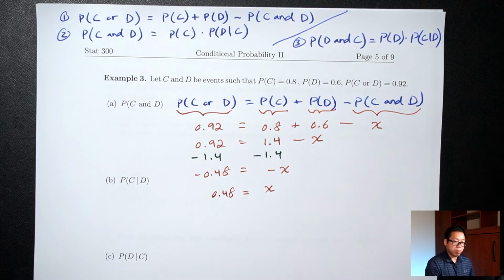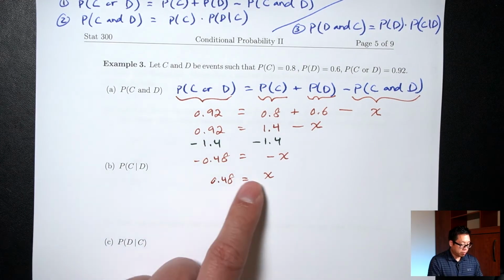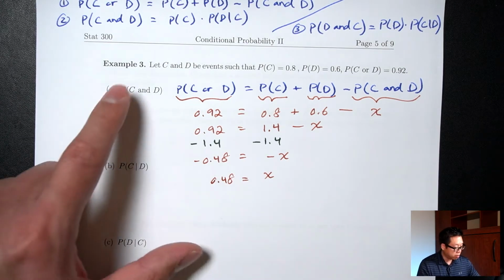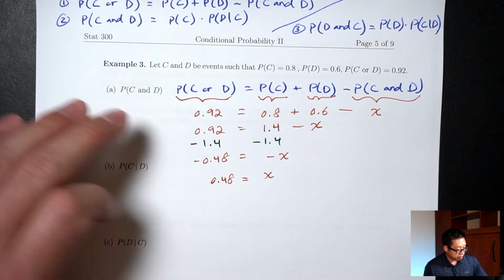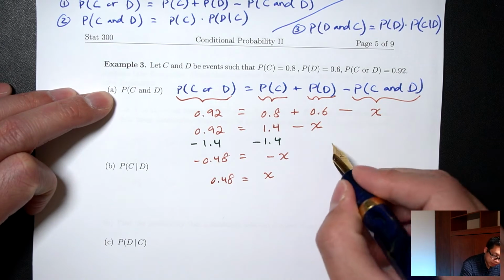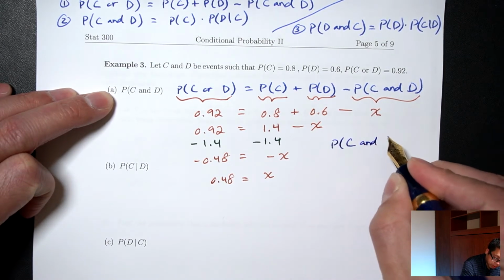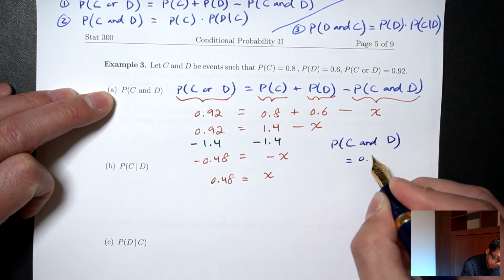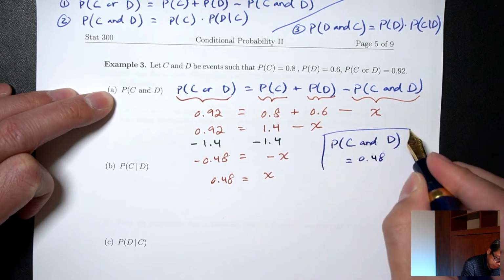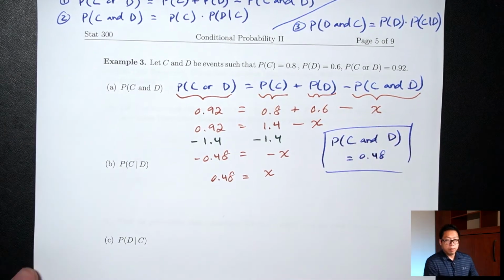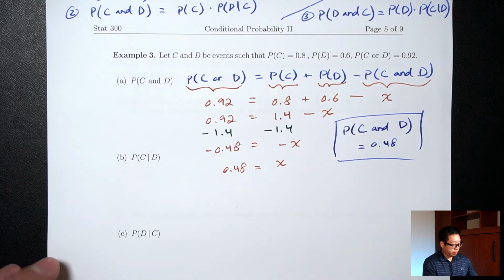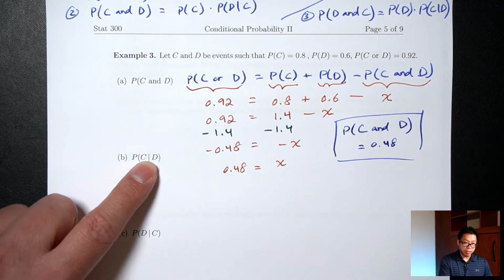Or you can just divide both sides by negative 1. That will also get rid of the negative. Okay, x is 0.48. So we just found P of C and D is 0.48. Very good.